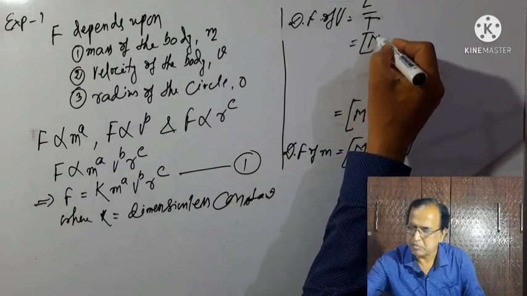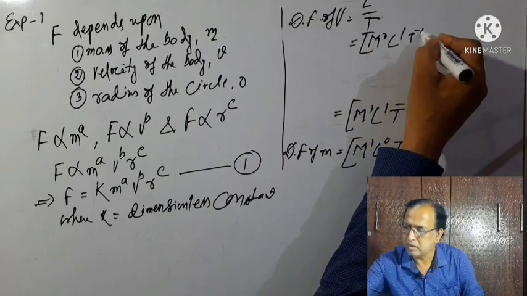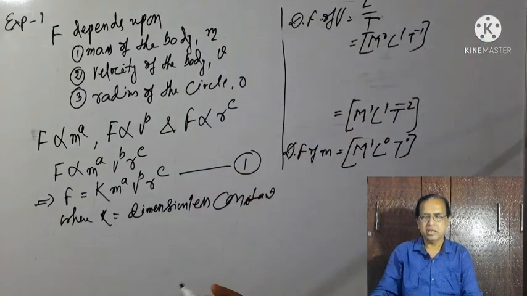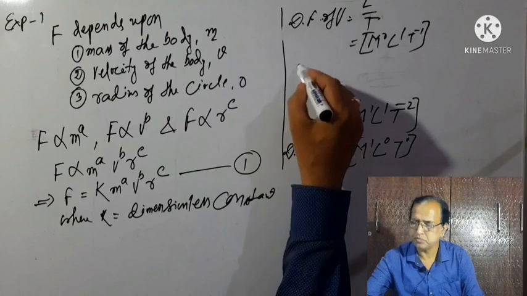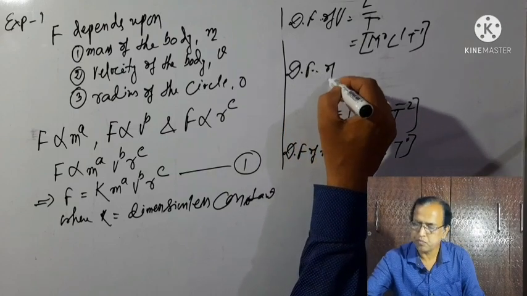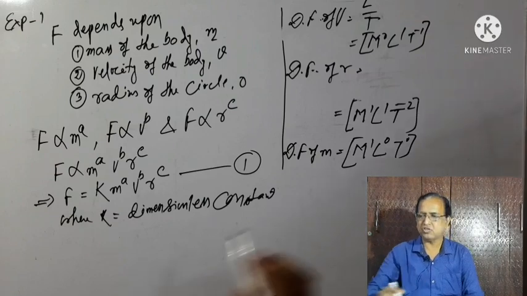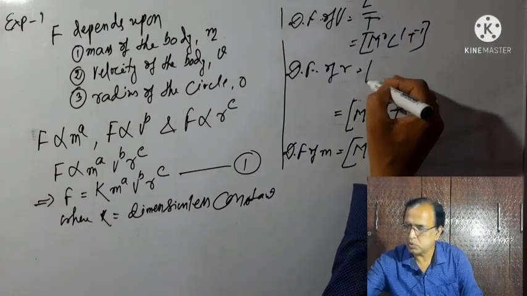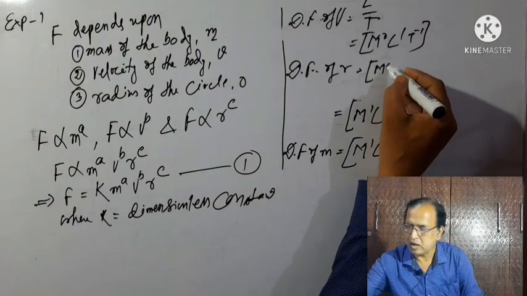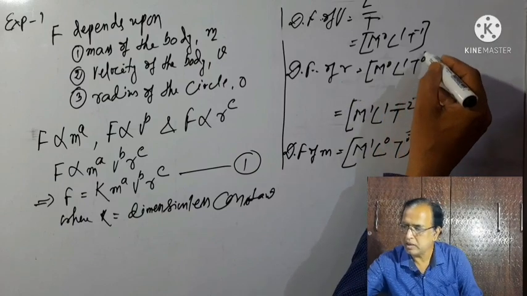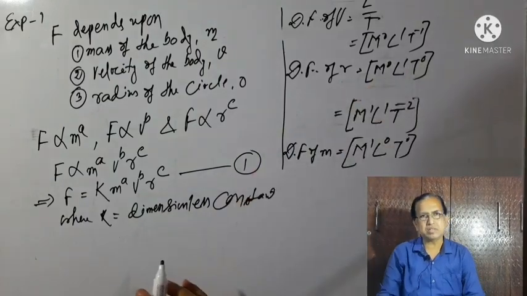So M0 L1 T minus 1. Dimension of radius: radius is a distance, a length, so that is simply L, M0 L1 T0. So these are the dimensions.